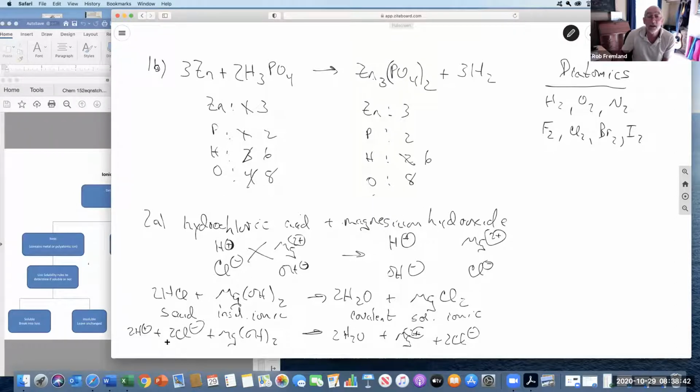And then we're going to cancel out the spectators. So I'm just going to squeeze it over here to clean it up. The net in this case is 2H plus, Mg(OH)2 goes to 2H2O plus Mg 2 plus.